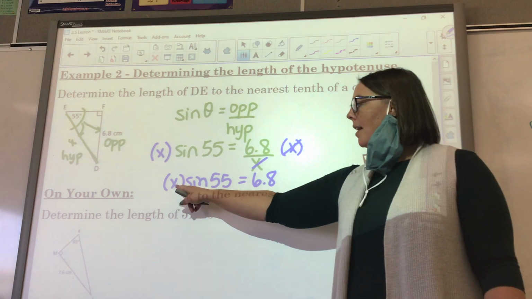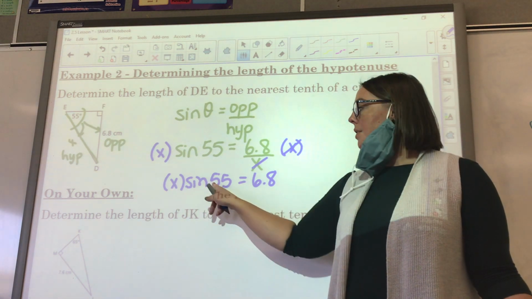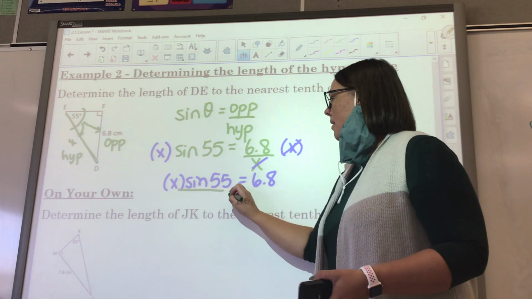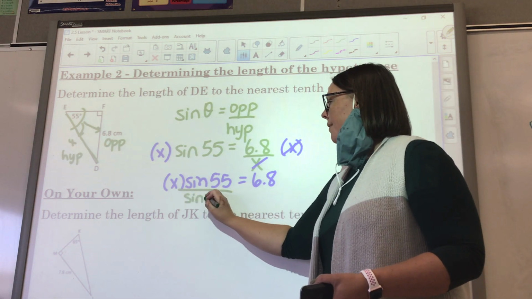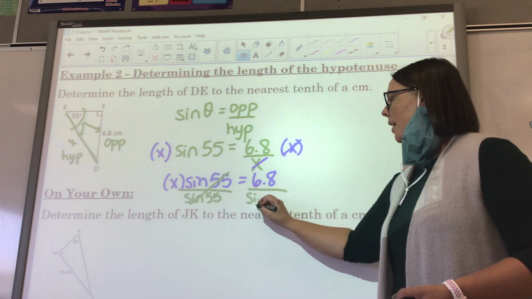Now to get x alone here, to isolate x on the left-hand side, these two things are being multiplied. So we're going to divide by sine 55. And what I do to one side, I have to do to the other.